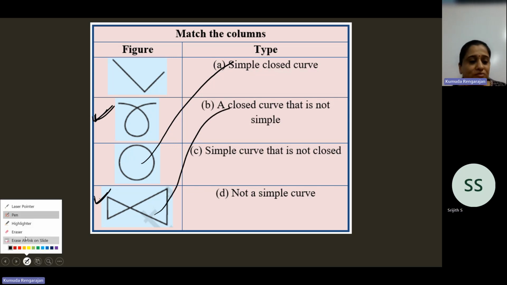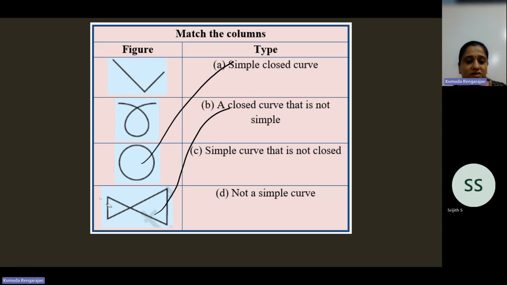See, for the second one, you first see the options that are not simple. Which of these are not simple? This one is not simple because it's crossing over itself. This one is also not simple. When I'm explaining, look at the board.